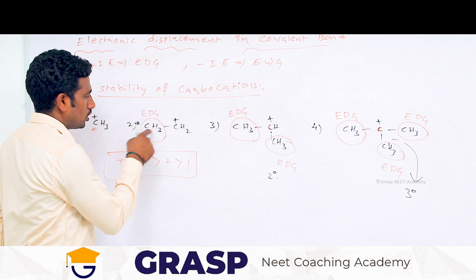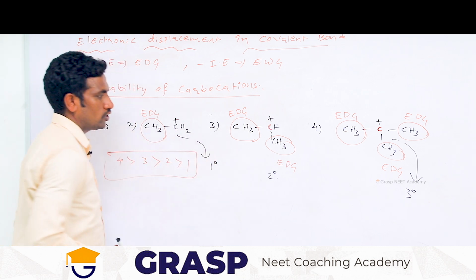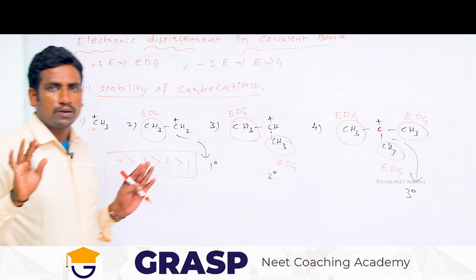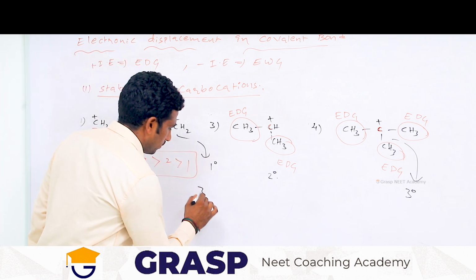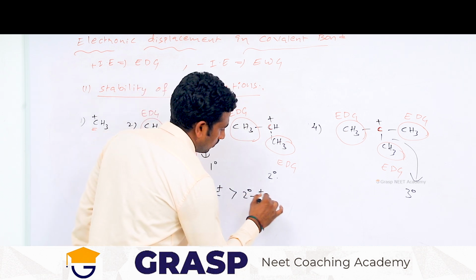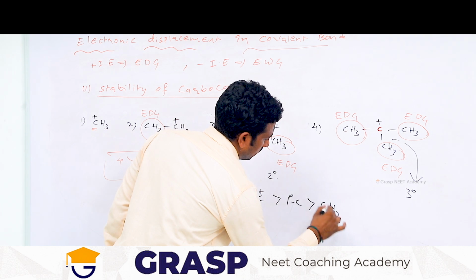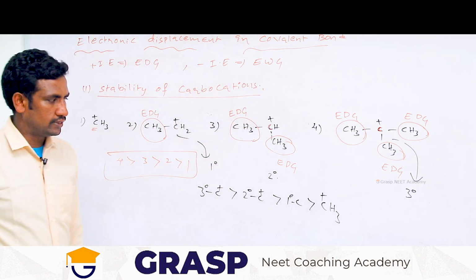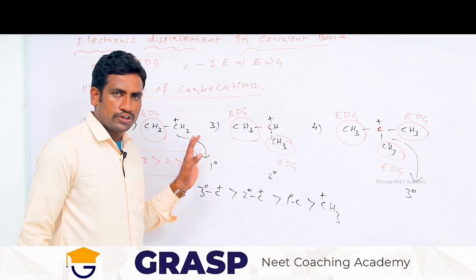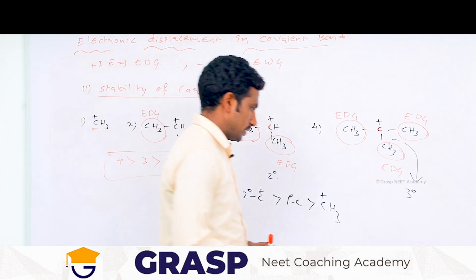This carbocation carbon is directly attached to one other carbon, so it is a primary carbocation. Undoubtedly, tertiary carbocation is more stable than secondary carbocation, then primary carbocation, then methyl carbocation. This is the stability order for the carbocations.